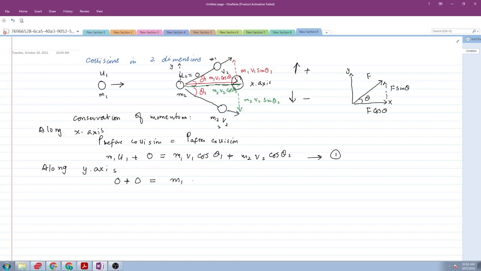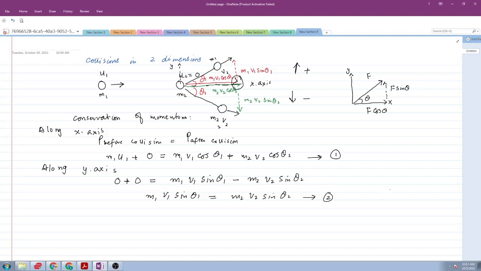So m1 v1 sine theta 1, and down I am considering m2 v2 sine theta 2 with a negative sign, because momentum is a vector, so upward is positive and downward is negative. So we can write it as m1 v1 sine theta 1 equals m2 v2 sine theta 2. So this is our equation 2. So this is your mathematics for collision in 2 dimensions.